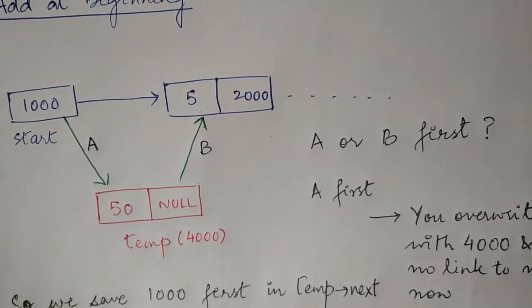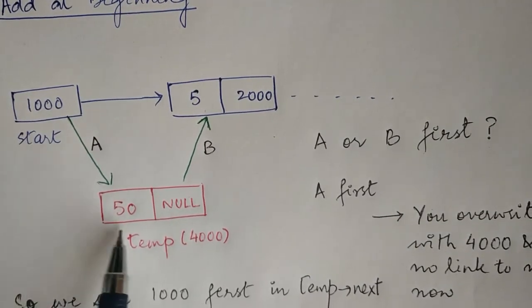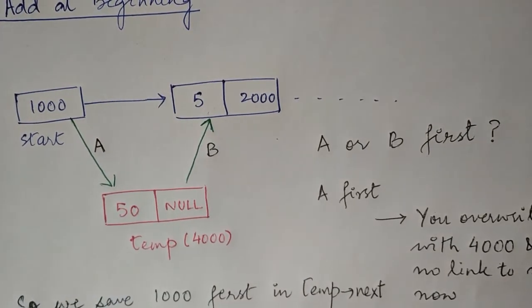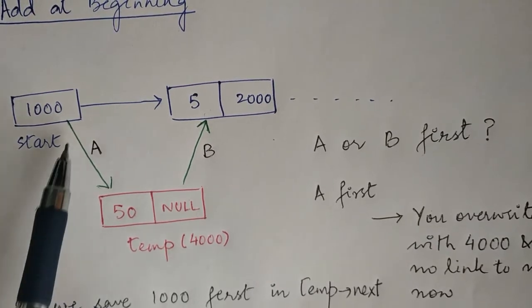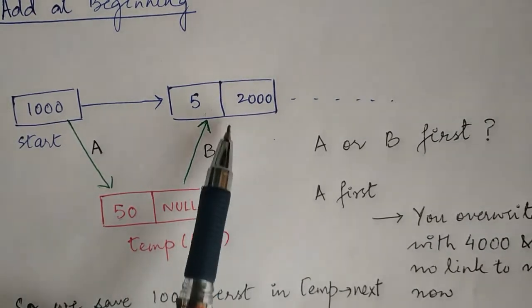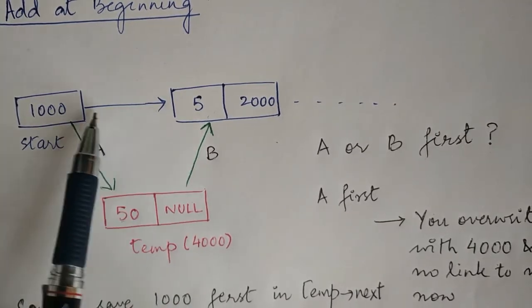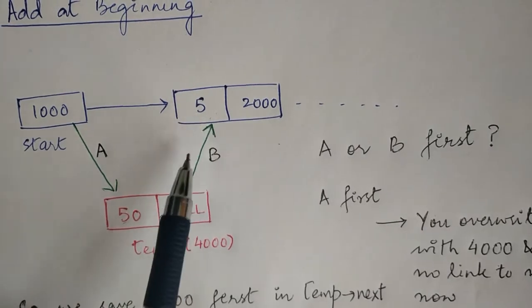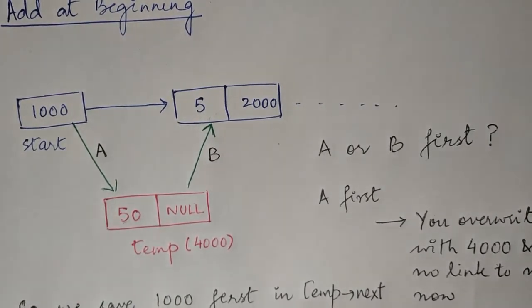So what you have to do is simply say that the start should point to 50 and this 50 should point to 5, and that is what you have to do to add a node. If you see these two green lines, we have to recreate these links. Instead of having this link now, we need to have this and this connection. This will ensure that 50 has been added at the beginning of the linked list.